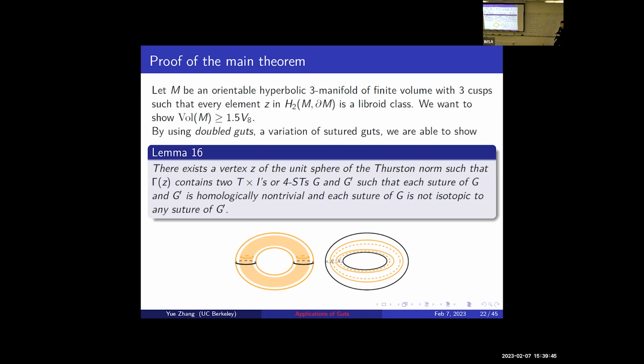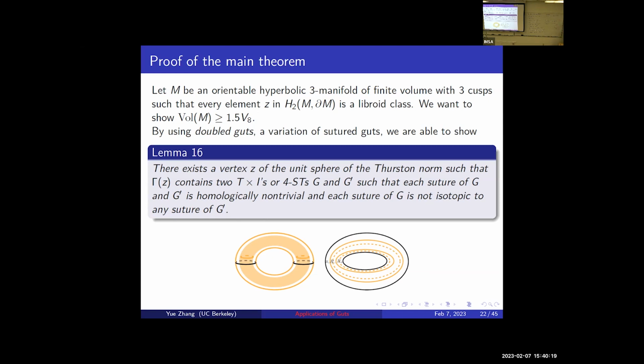At the vertex you have the guts corresponding to this one. And for a point on this edge, let's say y, you also have another guts. Naturally, you can see that the guts of z is more complicated than the guts of y, and we show that there is actually a suture decomposition from z to y.